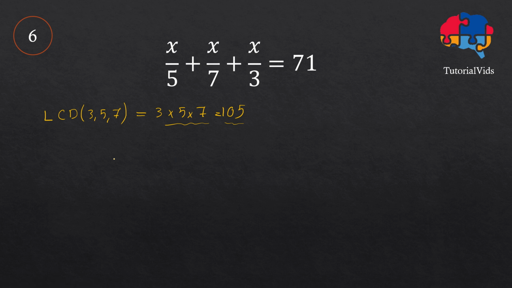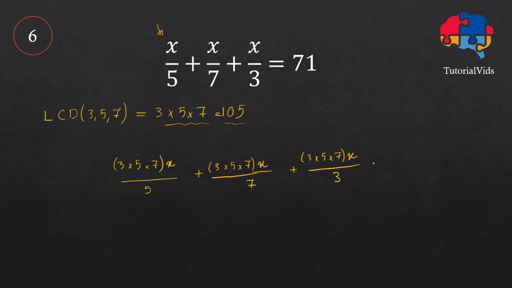So we would have 3 times 5 times 7 times x divided by 5, plus 3 times 5 times 7 times x divided by 7, plus 3 times 5 times 7 times x divided by 3. This equals 3 times 5 times 7 times 71. All right.